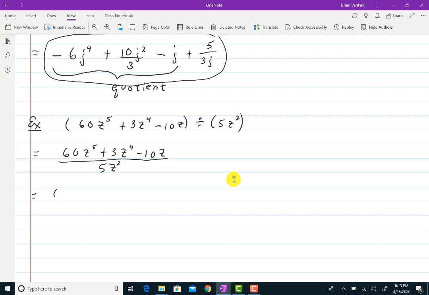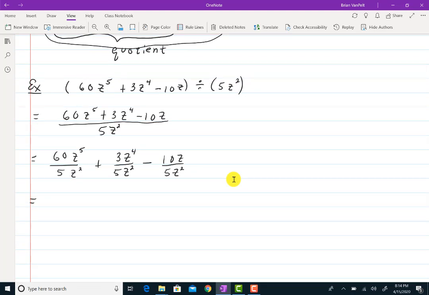And then I'll break this up. 60z to the 5th over 5z squared plus 3z to the 4th over 5z squared minus 10z divided by 5z squared.